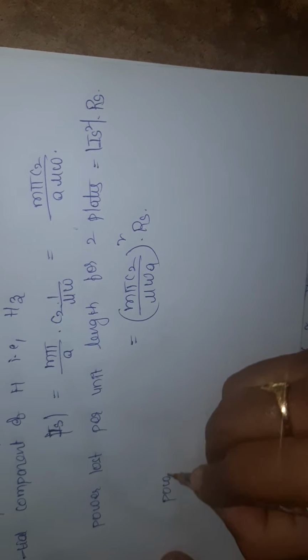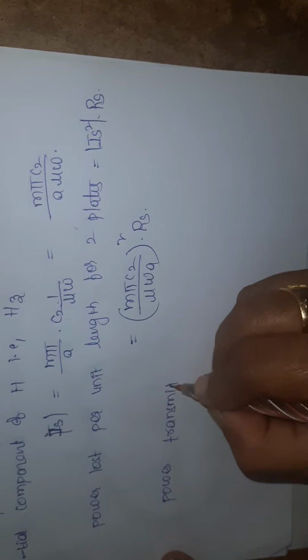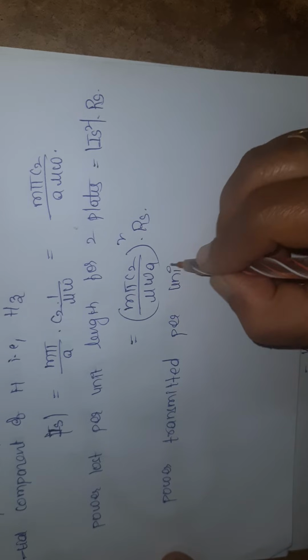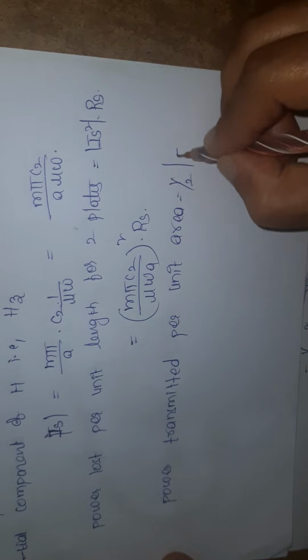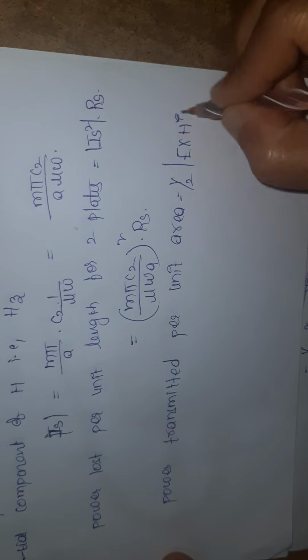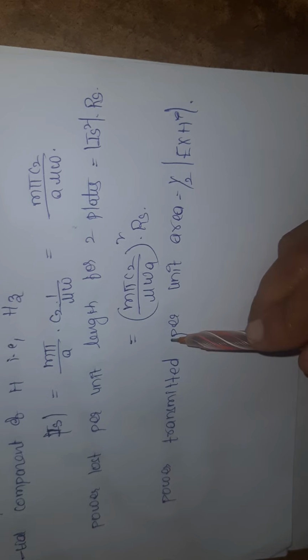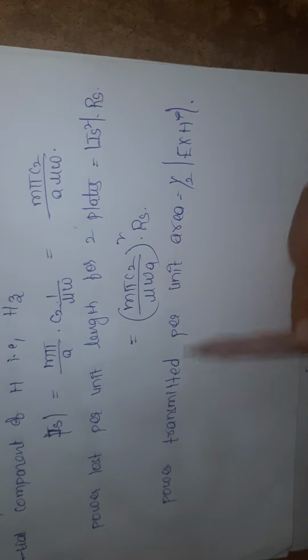Now we have to calculate power transmitted per unit area. This is given by the formula E cross H star. To calculate alpha, we have the formula: power lost per unit length divided by power transmitted.